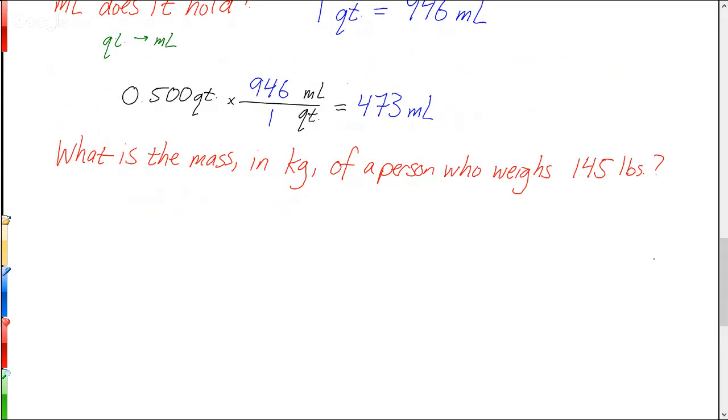Let's try something a little bit different. We start out the same way. Which unit are we starting with? Which unit are we going to, based on that question? Yeah, pounds to grams. Whoops, not grams, kilograms, right?